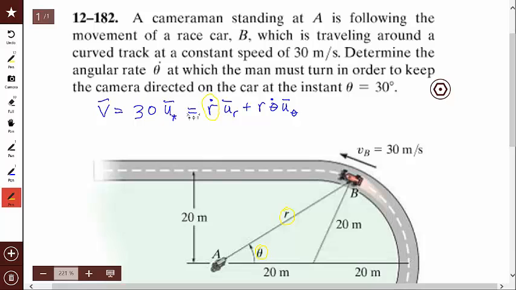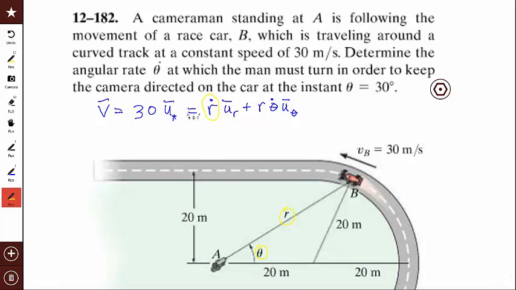But anyway, if I count how many things I have unknown, I don't know r dot, I don't know r, and I don't know theta dot. But this is a vector, and so the vector has two components, and I'm going to be able to get two equations by setting this vector over here equal to this vector here. I'll show you what I mean in a second.